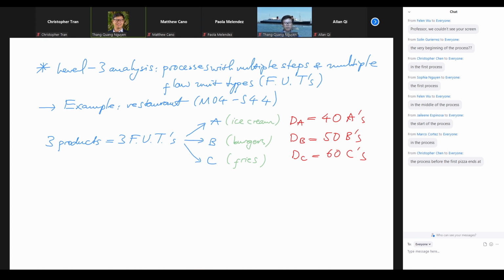When we have to deal with 3 different products like this, potentially the calculation would be very hard. But in our class, we try to simplify it so that we can handle this effectively. So we need to make the following assumption: we assume that we have a fixed product mix.